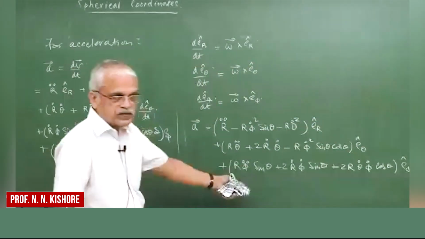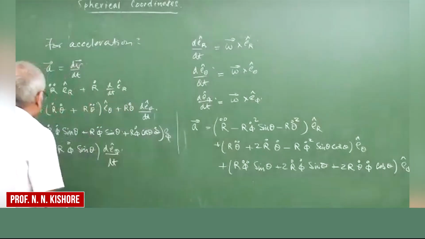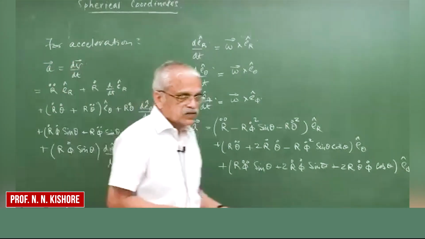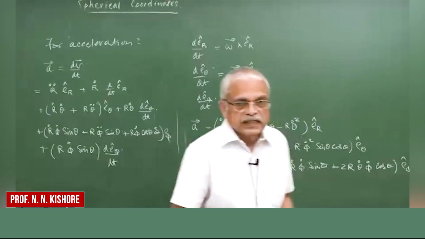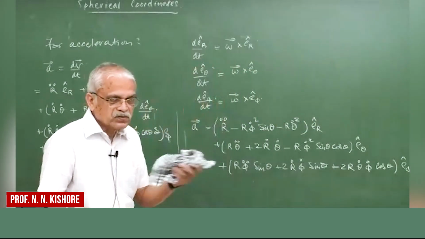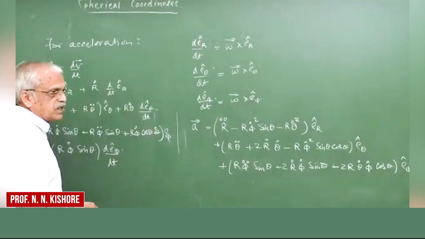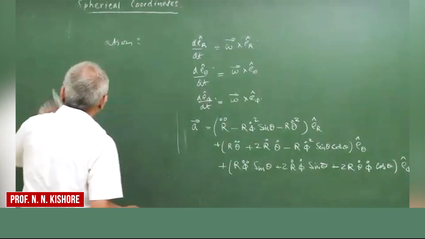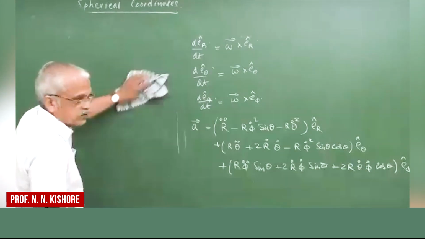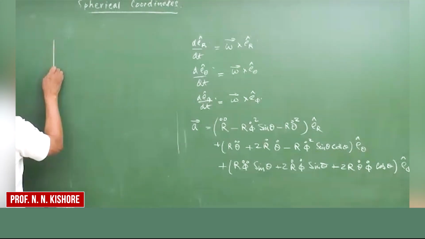Please keep this in your notes. There's only one small thing which I would like to tell you: there are slightly different conventions. This is the usual convention for spherical coordinates.